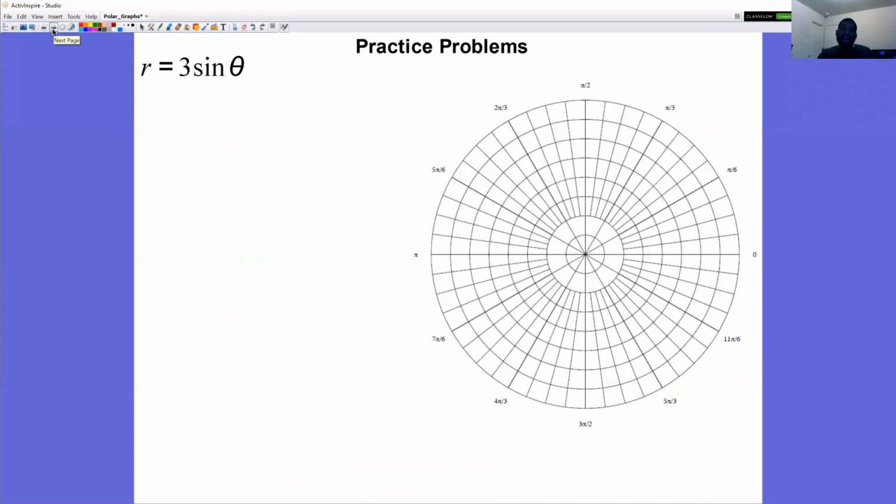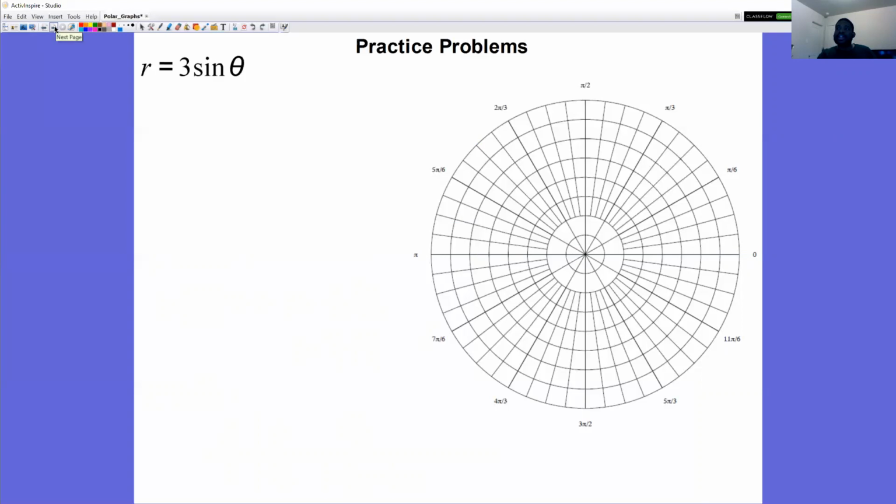Again, make sure you utilize graph. Tell me what type of graph it is and what type of symmetry it has. Make sure you can calculate your max value, find your zeros, and then generate a table with additional points to help you sketch the graph. And then use the calculator to check your answer.